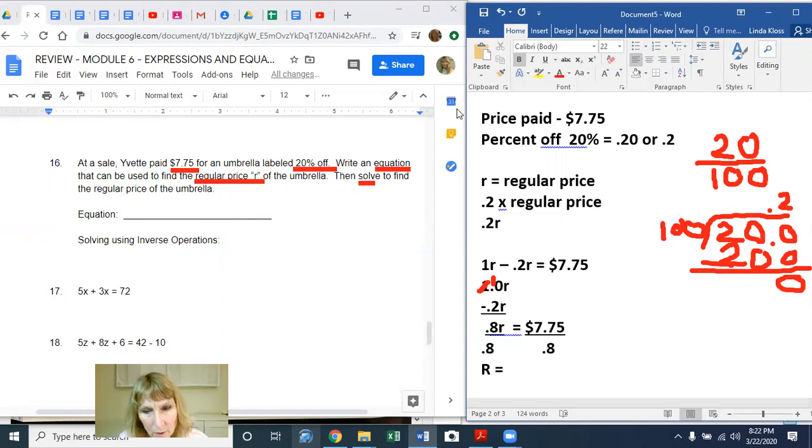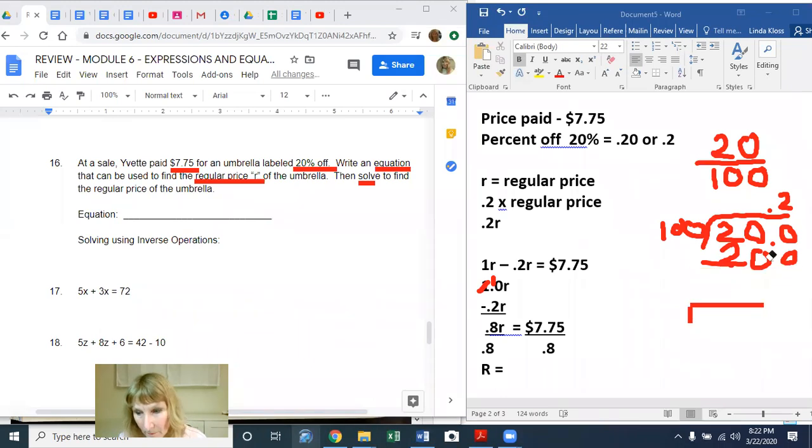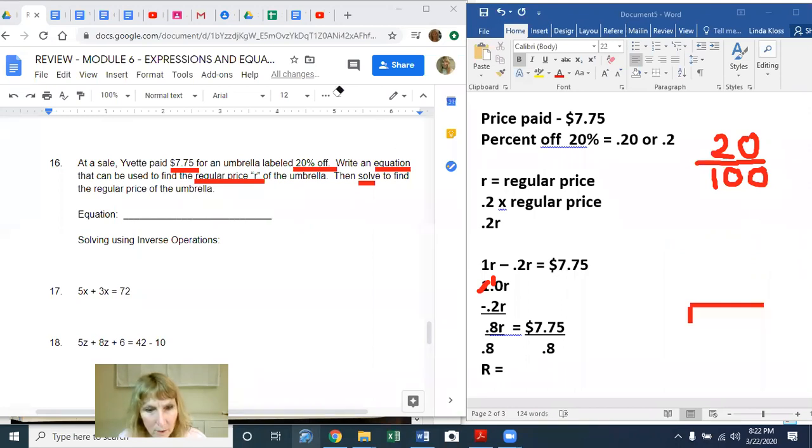So again, I'm going to use long division. I'm going to make a straighter line this time, and erase all this so we have a little bit less stuff to look at at one time. $7.75 goes on the inside because it's on top of the fraction, and 0.8 goes on the outside.